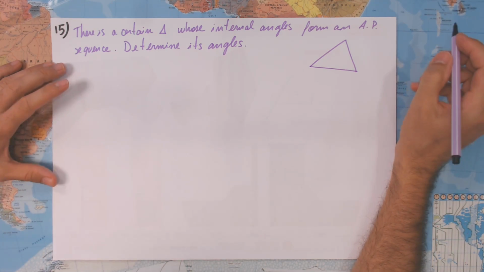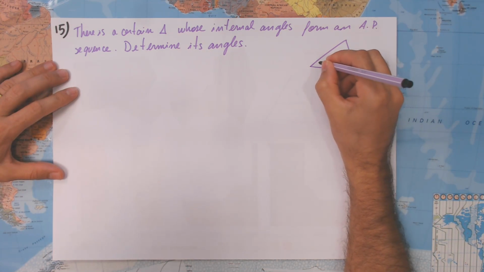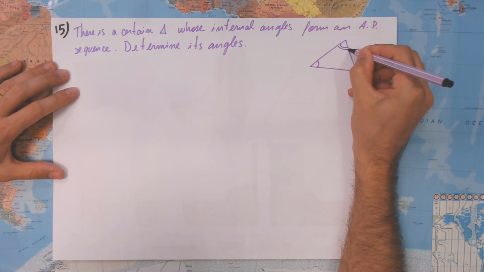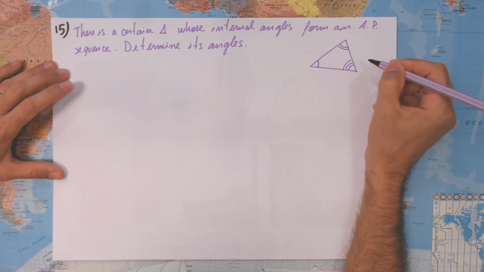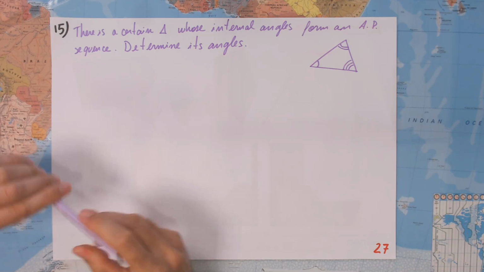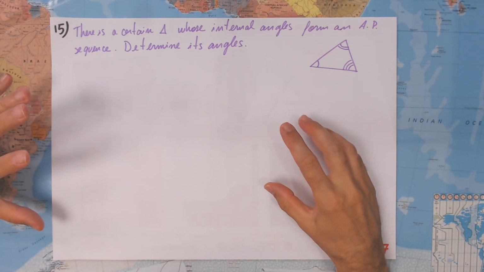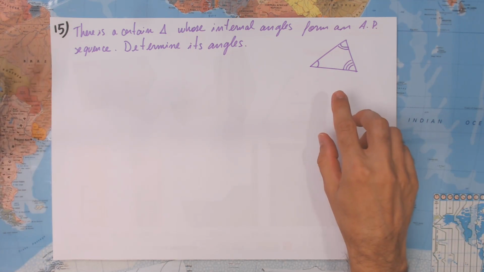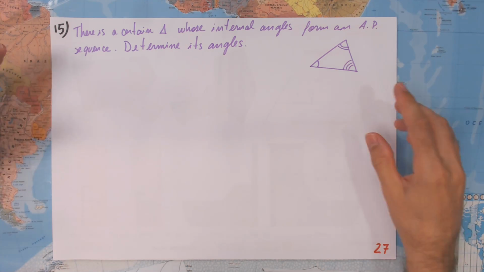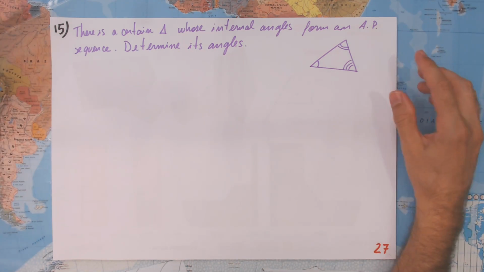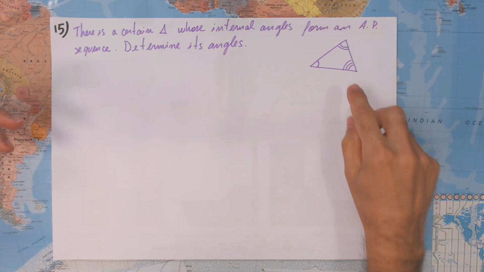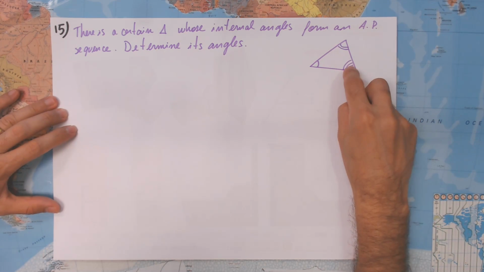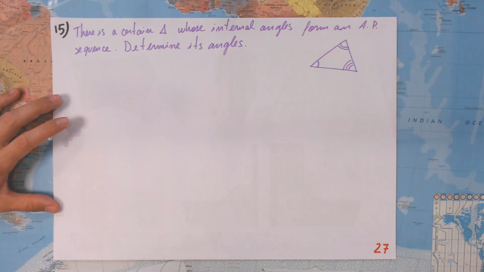This is going to be an arbitrary picture, and if they have angles like A, B, C, then they're going to form an arithmetic progression sequence, like 30, 40, 50. Of course, 30, 40, 50 does not even add up to 180 degrees. But what I'm saying is this, they're going to form one after the other. They're going to form a sequence, a linear one, okay?